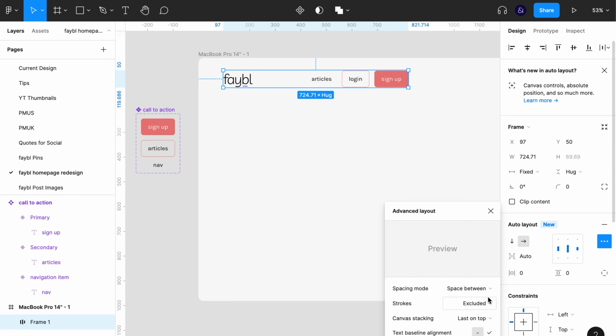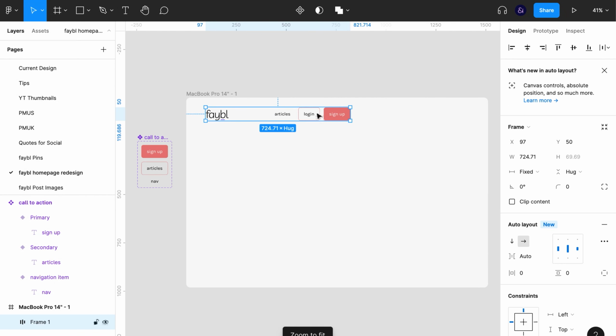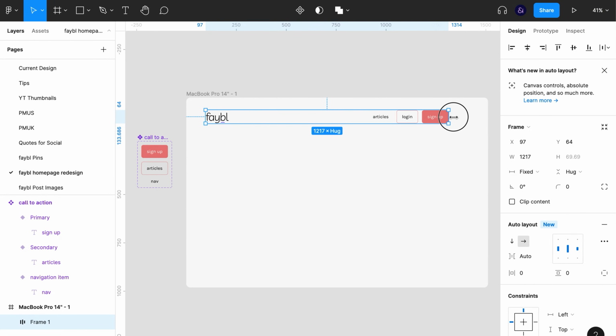I also wanted a primary and secondary button, and the text buttons would be for other pages on the website.